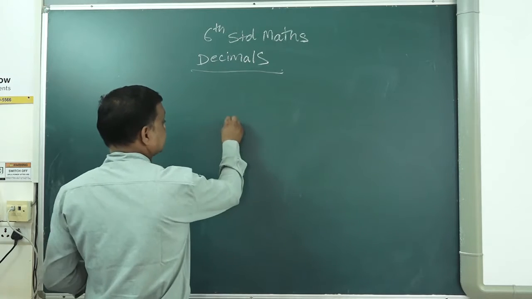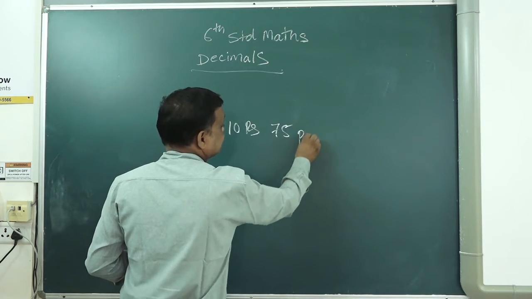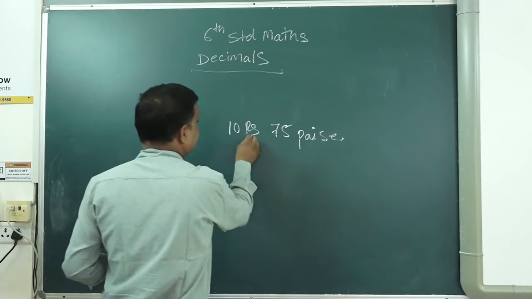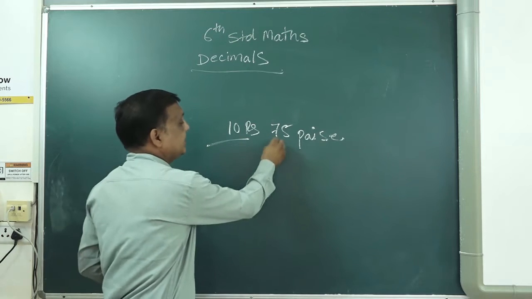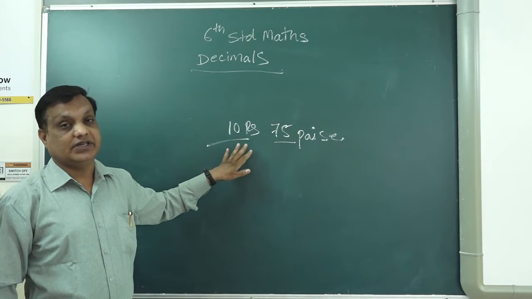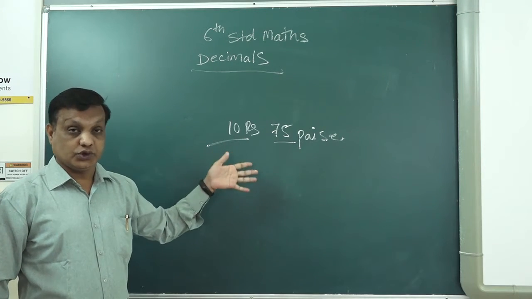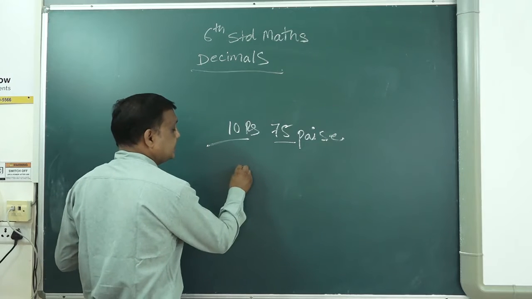So the cost is 10 rupees 75 paise. Here this is 10 rupees and here 75 paise. I want to show this in decimal, in rupees. So how will I write it?